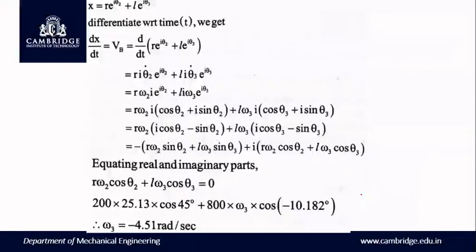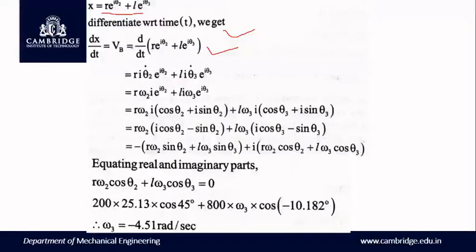Now for velocity analysis, we need to differentiate this position loop closure equation with respect to time. So differentiating with respect to time, we get this format. For differentiation of a product, for example, differentiation of uv is equal to u into differentiation of v plus differentiation of u multiplied by v.